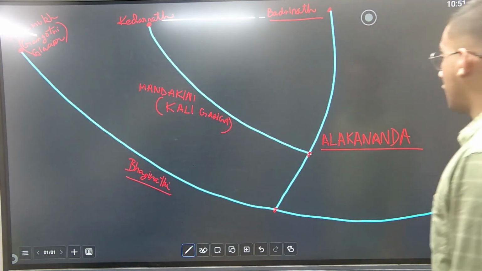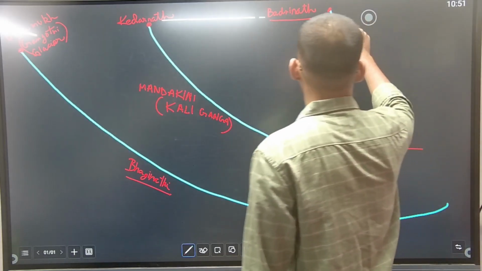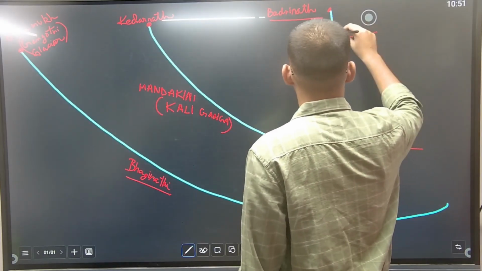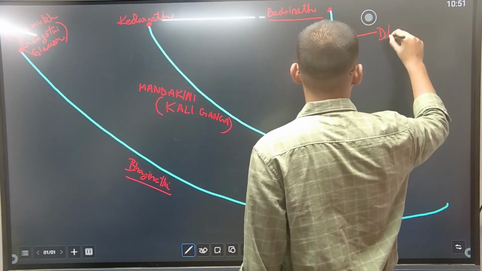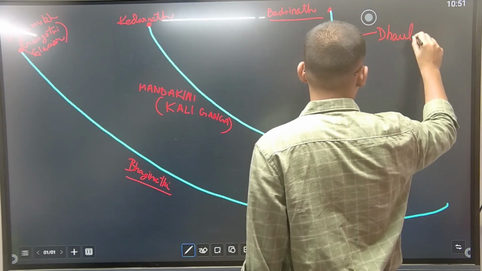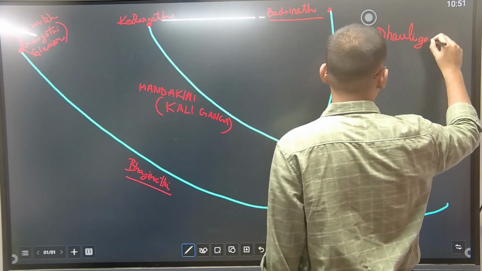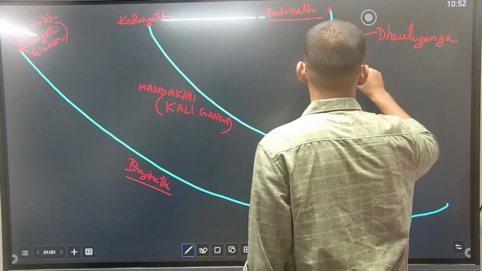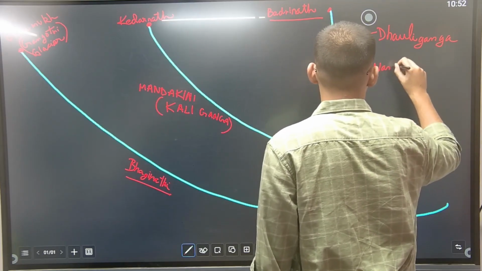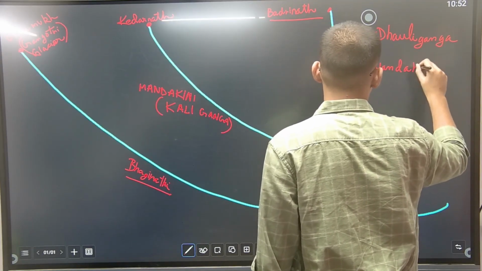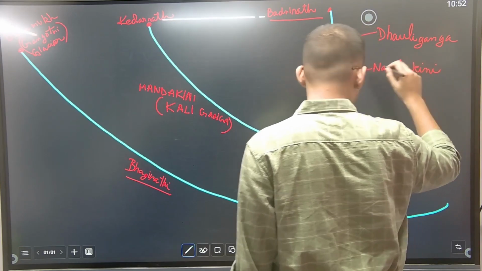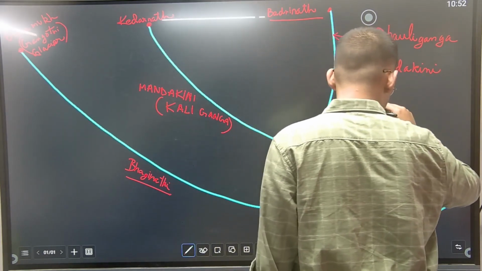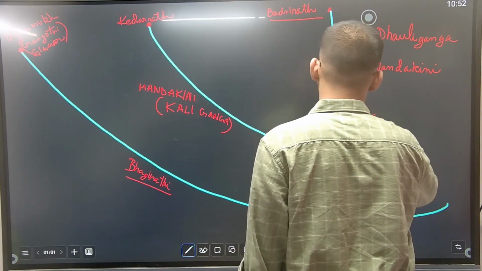So the tributaries of Alakananda are, this will be Dholi Ganga, this will be Nandakini, and this will be Pindar.